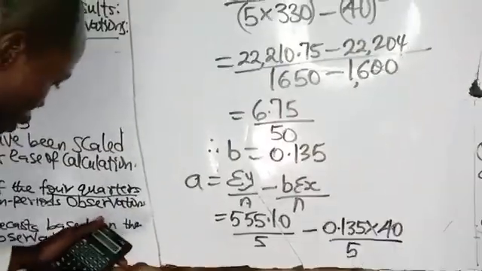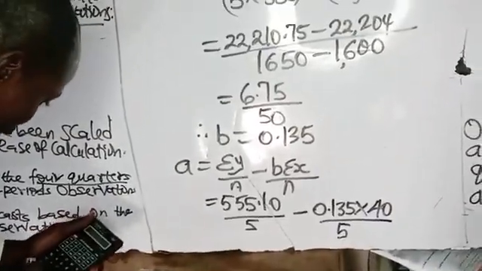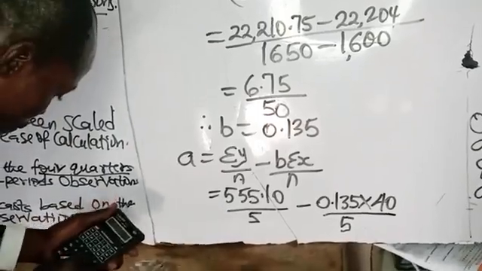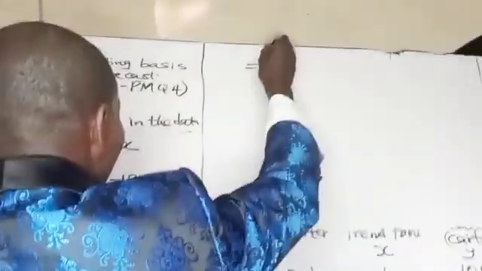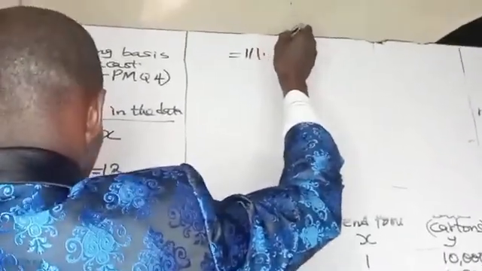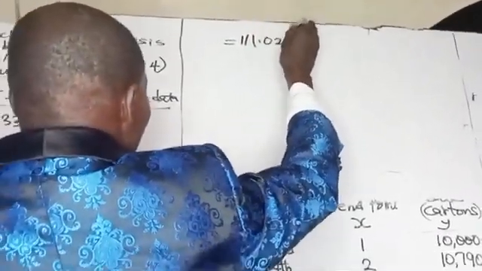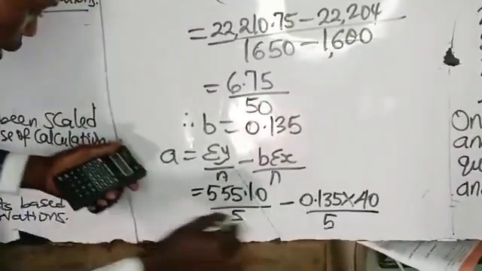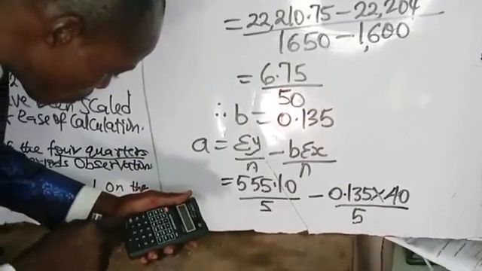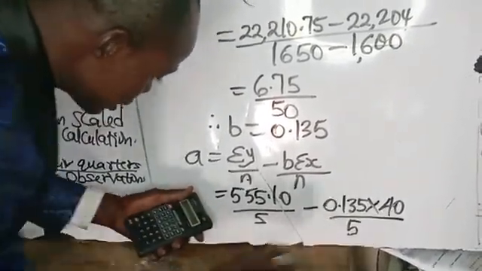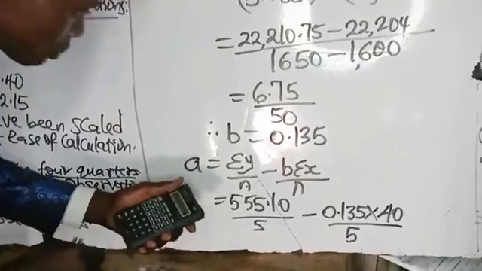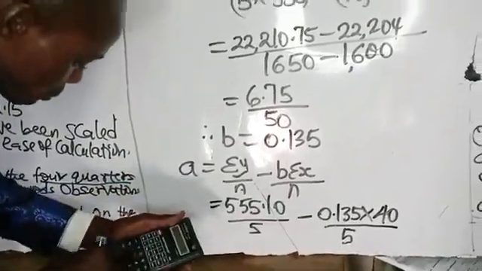So 555.1 divided by 5 gives us 111.02, minus 0.135 times 40 divided by 5.